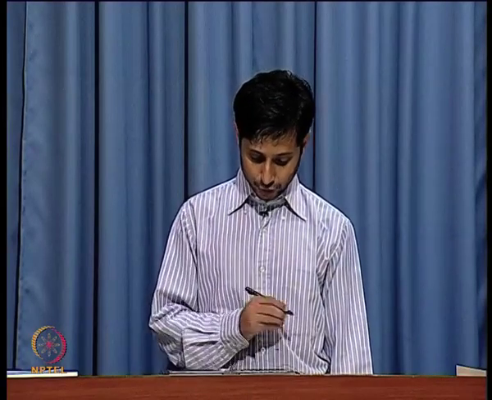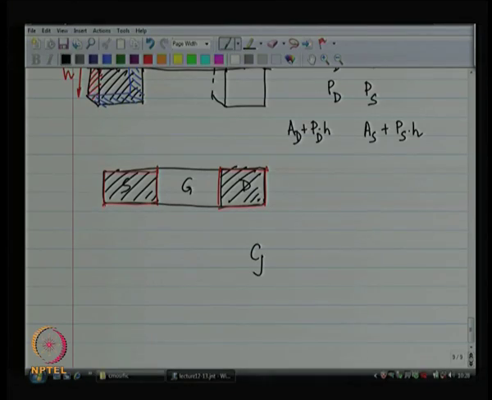So, C junction source is going to be A s plus P s times h times epsilon of silicon divided by d of the junction. D of the junction is of course a function of the source to body voltage. If the junction is more forward biased, this D junction is going to become smaller.